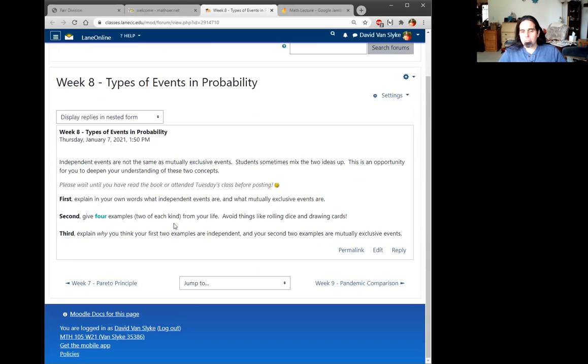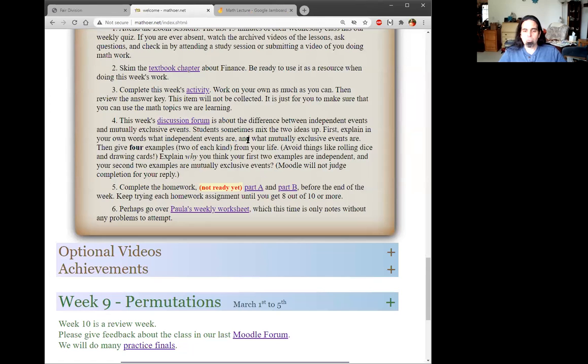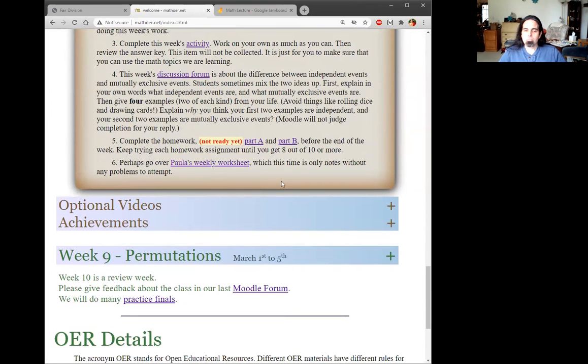It gives you clear instructions, but it won't check you off because it's not smart enough to know if you actually followed those steps or not. And as before, if you're part of a study session or other outside study group, that counts as participating in a discussion also, and you can skip that if you want. I would recommend at least reading over your classmates' discussion forum answers, just to help your brain clarify independent events versus mutually exclusive events.